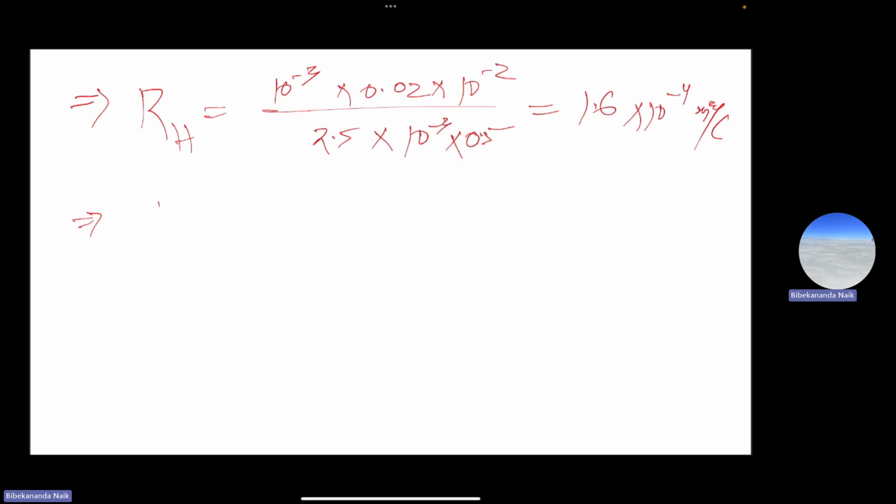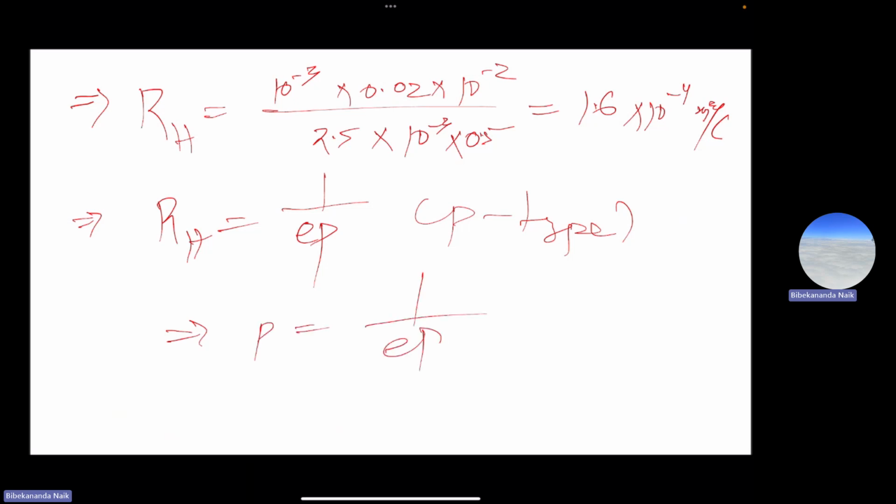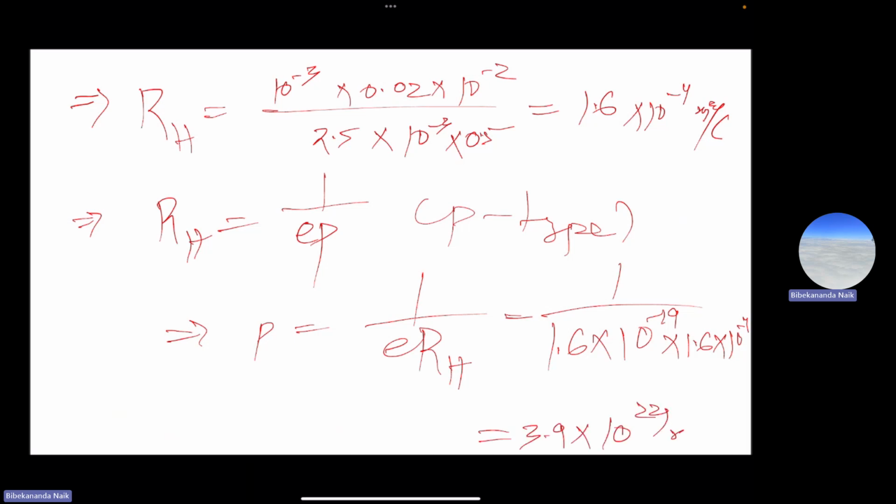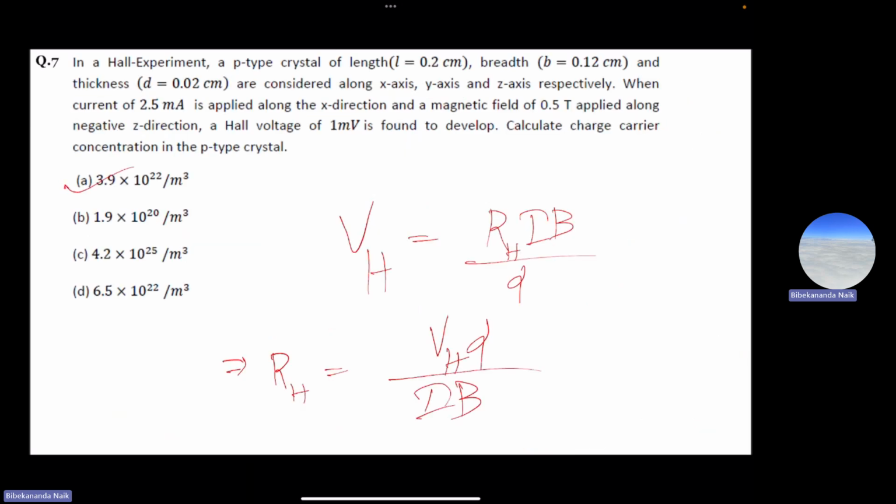Then we know R_H is equal to 1 by e p for p-type. So p will be 1 by e R_H, so 1 by 1.6 into 10 to the power minus 19 into 1.6 into 10 to the power minus 4, equal to 3.9 into 10 to the power 22 per meter cube. So the correct option is option A.